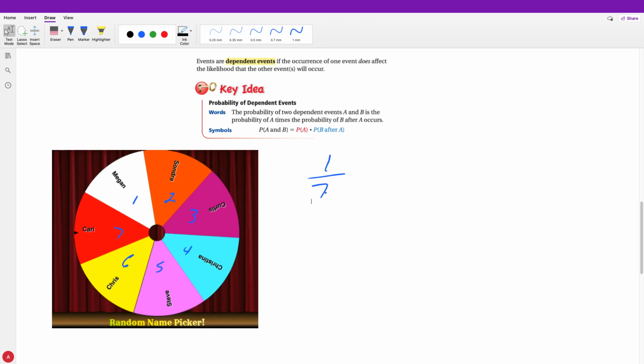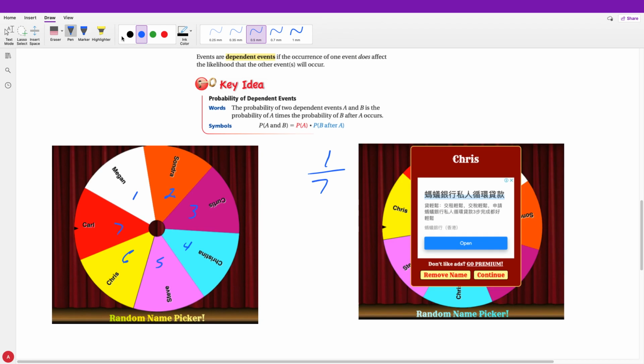It's a 1 out of 7 chance because there are 7 names and 1 chance of picking Chris on that spinning wheel. But when your name got picked, I removed it from the group. If Chris got picked, I always selected remove name, so that way he no longer was part of the group. And when we were picking the next name, Chris was no longer an option.